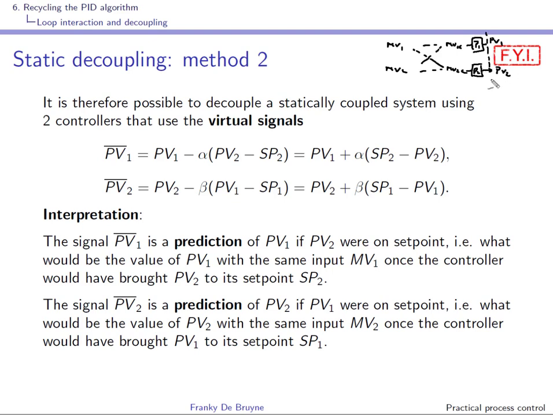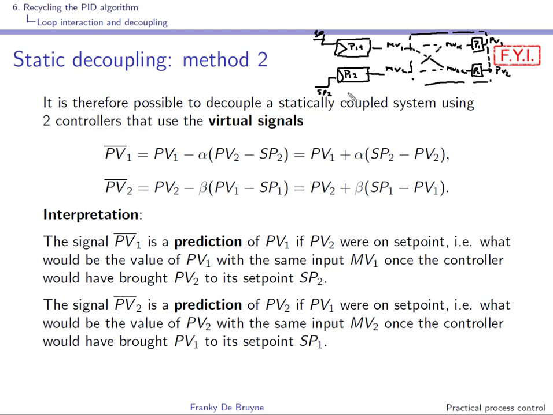So this is a statically coupled process. And what we do is use two PI controllers. So this is PI1, and here you have PI2. And we have, of course, a set point 1 here, and a set point 2.